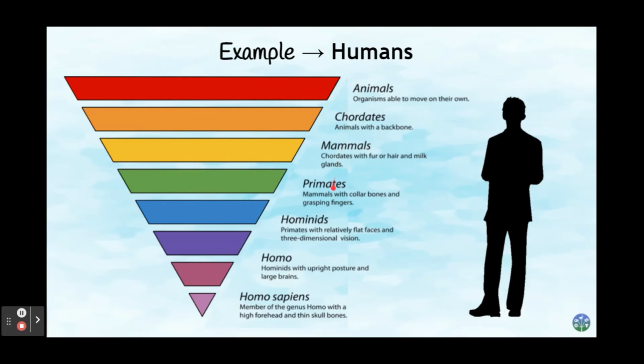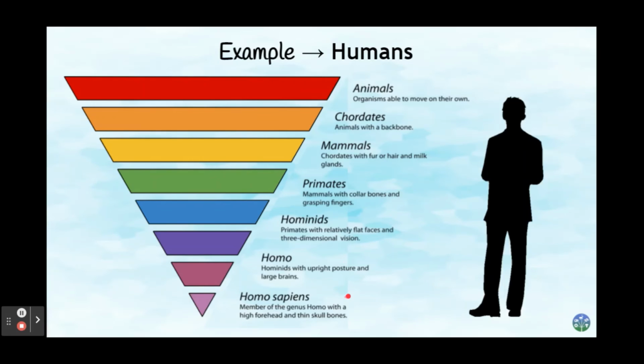And then we have the order category, which are primates, and these are mammals with collarbones and grasping fingers. Then we have hominids, which fall into the family category, and these are primates with relatively flat faces and three-dimensional vision. Then we have Homo, which is the genus, and these are hominids with upright posture and large brains.